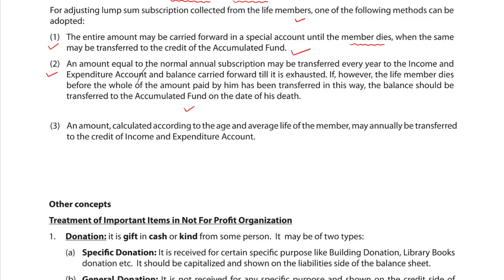Next, an amount calculated according to the age or average life of the member may annually be transferred to the credit of income and expenditure account.